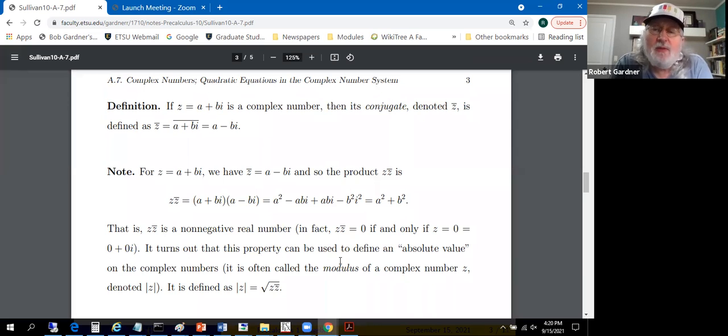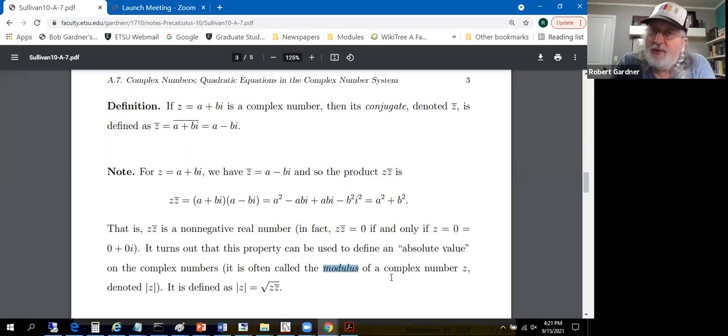Turns out this property can be used to define an absolute value on complex numbers. It's more commonly called modulus to distinguish it from absolute value. Some people use the term modulus and absolute value interchangeably. I prefer this different term in this different setting. But I got to roll with the punches.